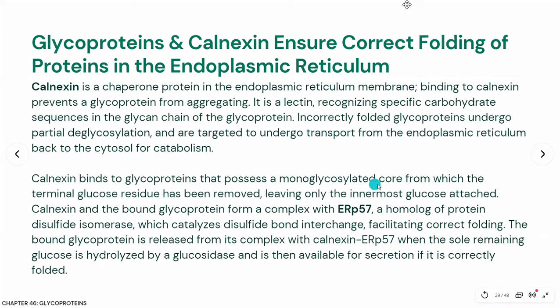Monoglycosylated core, meaning only one glucose, in which the terminal glucose residue is removed, leaving only the innermost glucose attached, and calnexin bound to a glycoprotein forms a complex with ERp57, a homolog protein of an isomerase, a disulfide isomerase, which catalyzes disulfide bond interchange and facilitates correct folding.